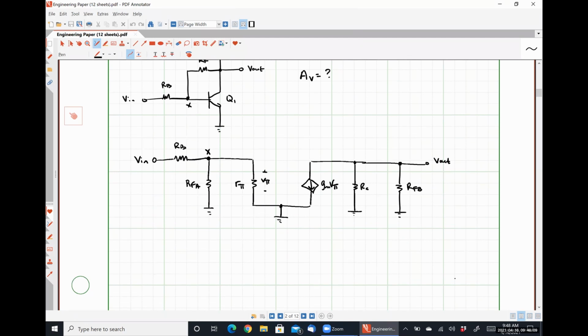This is going to make this circuit much, much easier to analyze, right? So for example, what could we find to be our output voltage now effectively just by inspection?